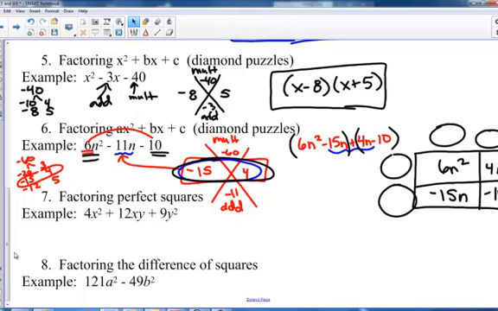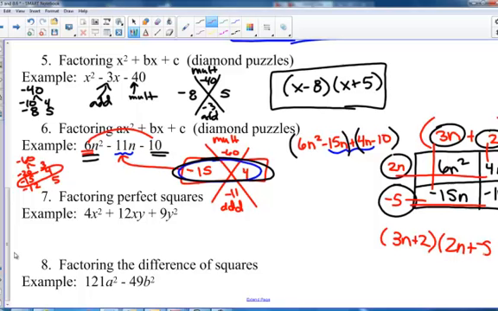So if this is 6, I would need a 2n here and a 3n here. I know I need a 2n because I have to get a 4, and 2 times 2 is 4. So now I have my 3n going to my negative 15. So this would have to be a negative 5. And then does negative 5 times 2 give me negative 10? Yes. So my factor is 3n plus 2, and then 2n plus negative 5, or you could have 2n minus 5.